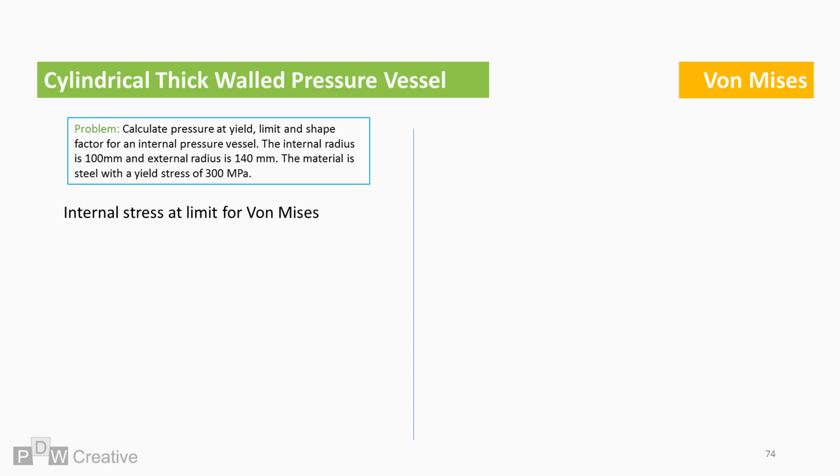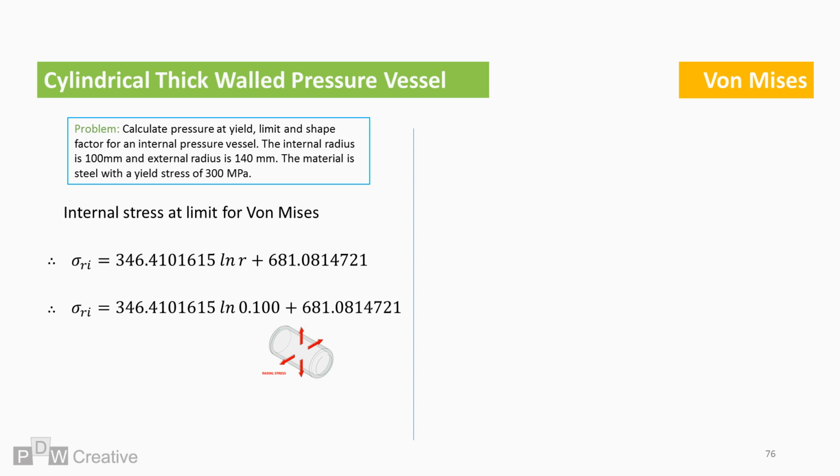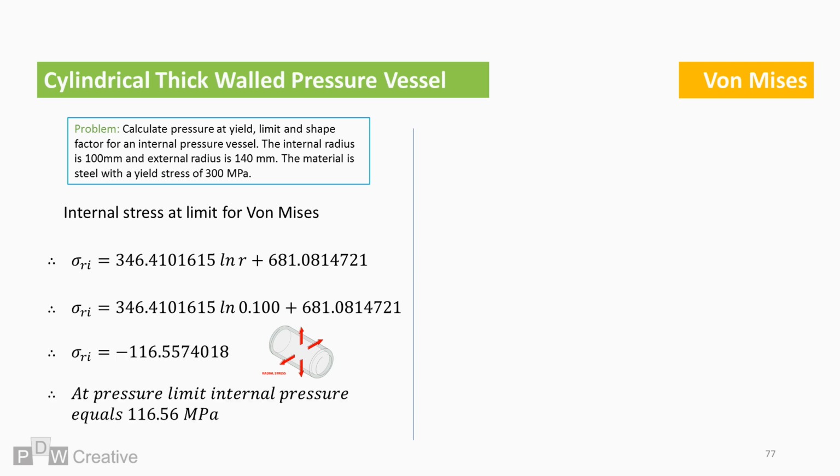So we can now work out the internal stress. So inputting max stress and the constant, and adding the internal radius, we find an internal pressure or stress of negative 116.56 megapascals.